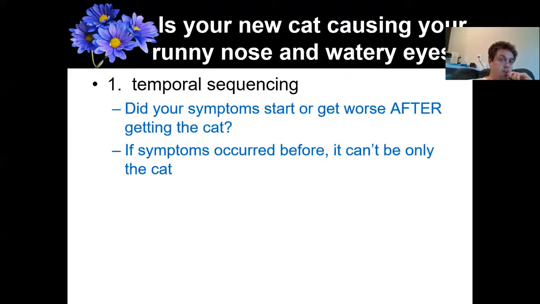Did your symptoms start or get worse after getting the cat? If the symptoms occurred before, it can't only be the cat, or it probably isn't the cat at all. Right? That's where temporal sequencing is necessary for causation. The cause has to occur before the effect.